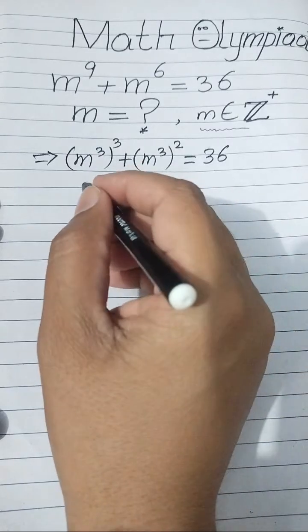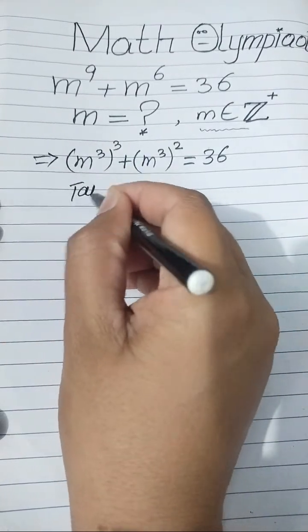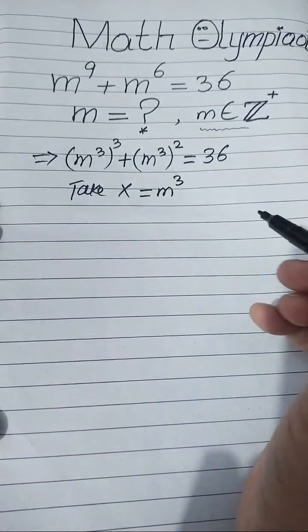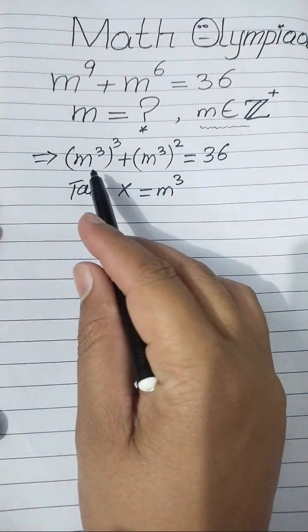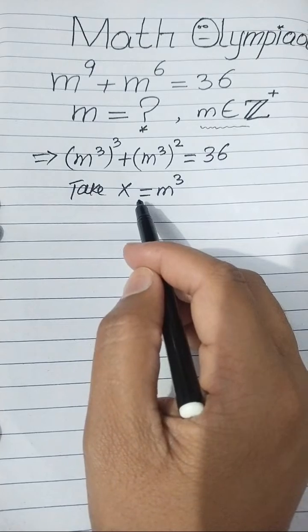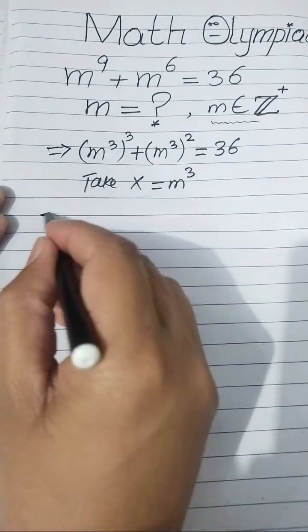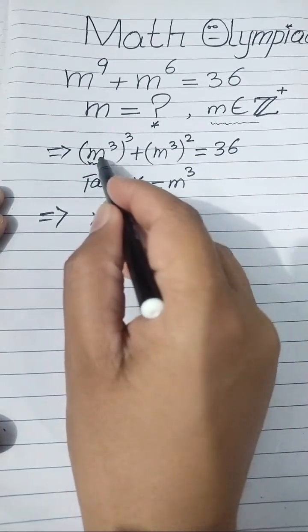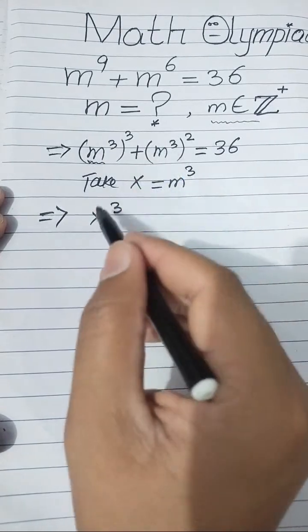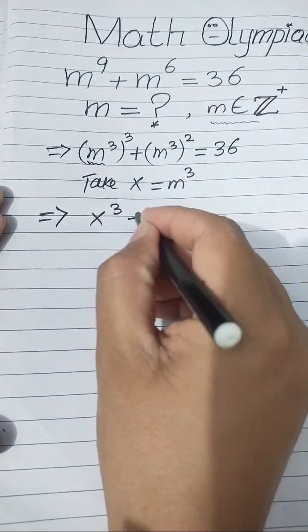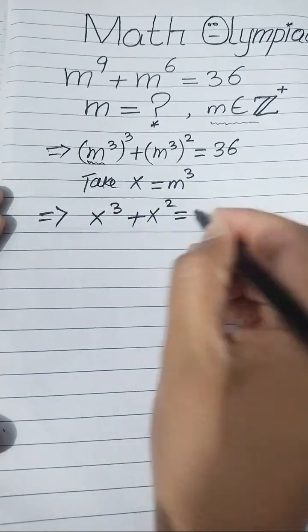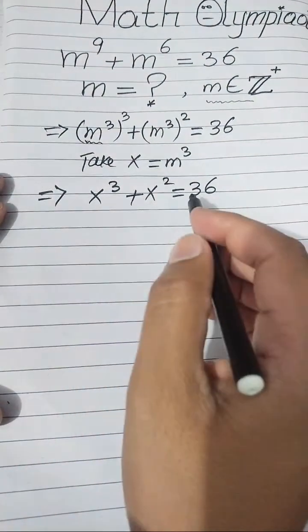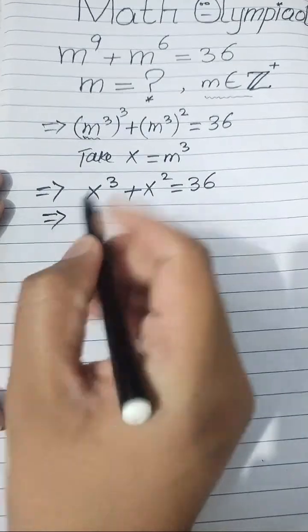I will take x equal to m to the power of 3. When we take m cubed equal to x, this expression becomes x cubed plus x squared is equal to 36.